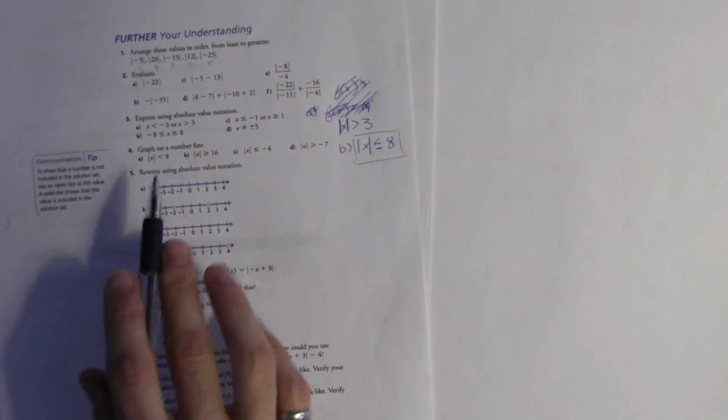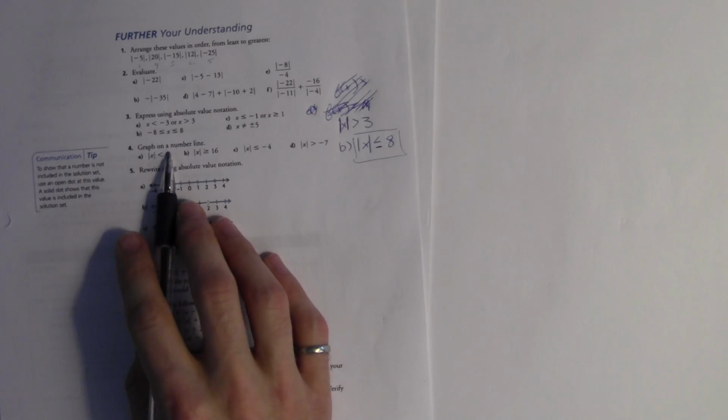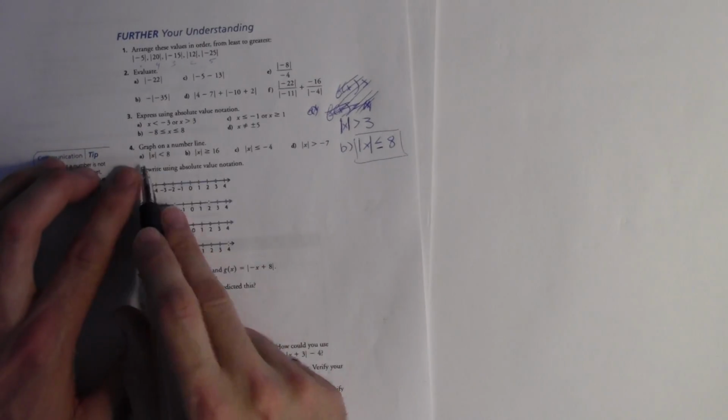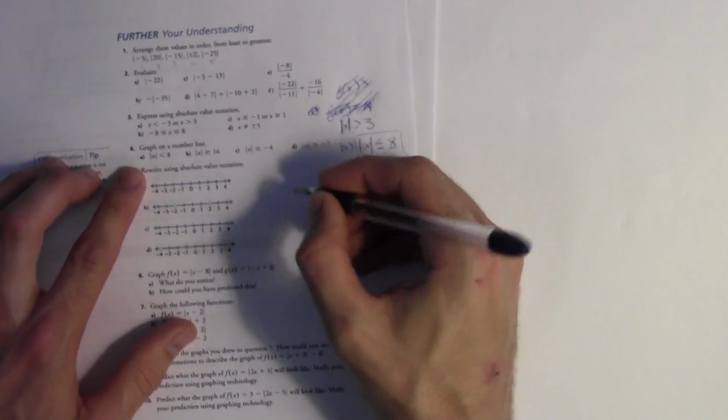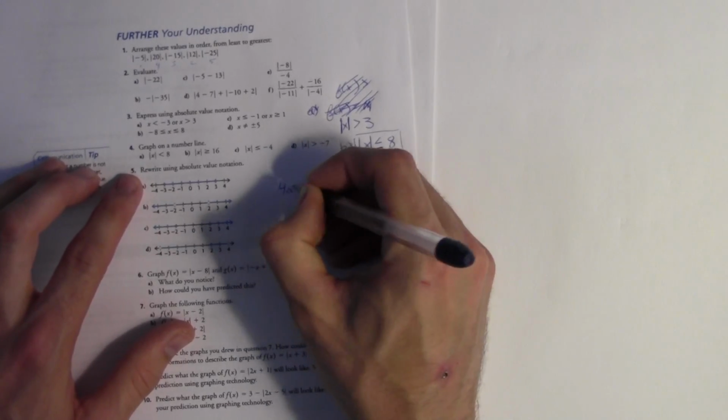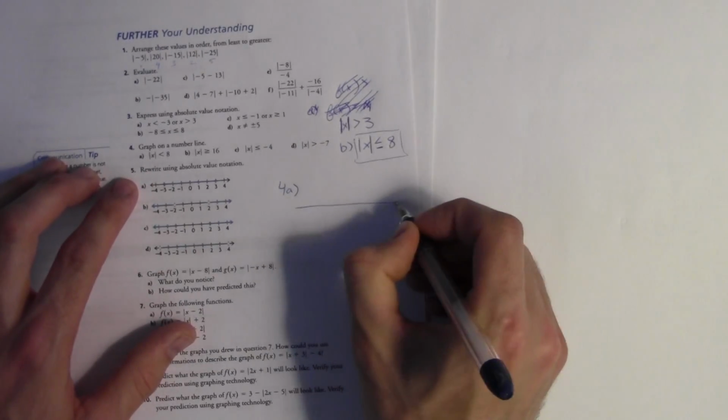Okay, let's go on to number 4, because I looked at this and it is quite confusing, the way they word it and the way it's written. So graph on a number line. So this might help. So we graph 4A. We have a number line.